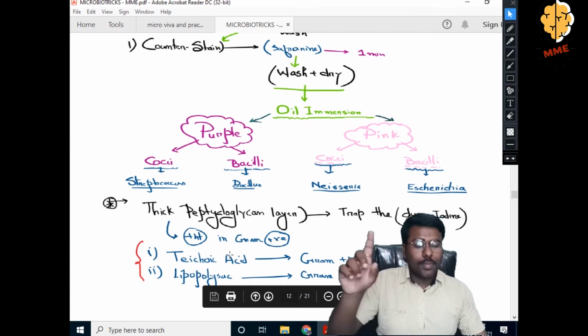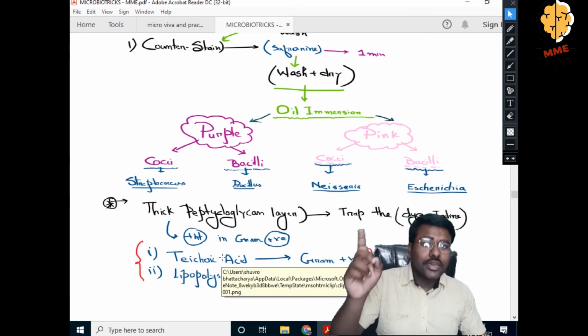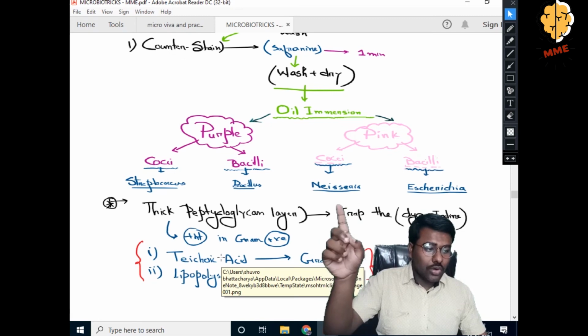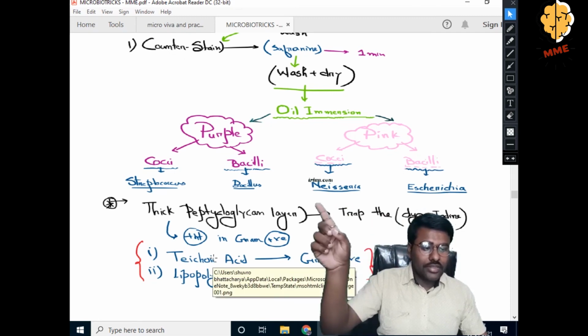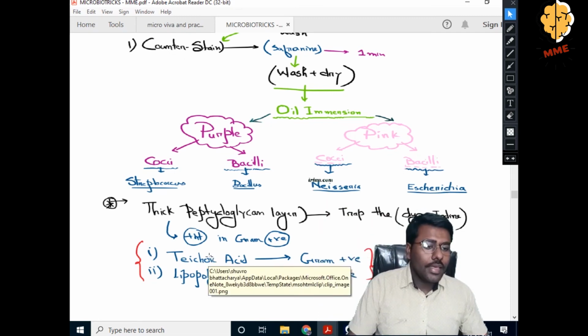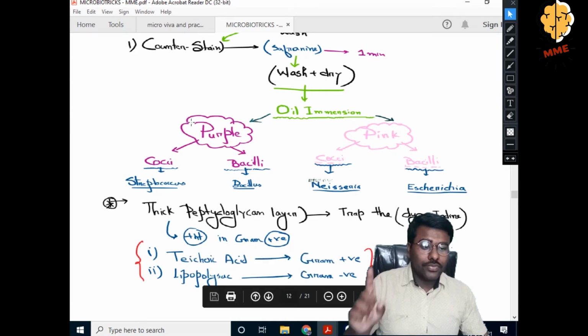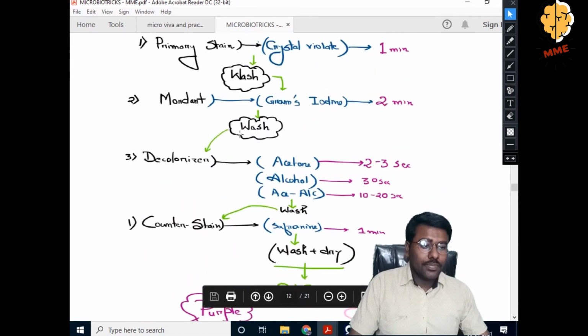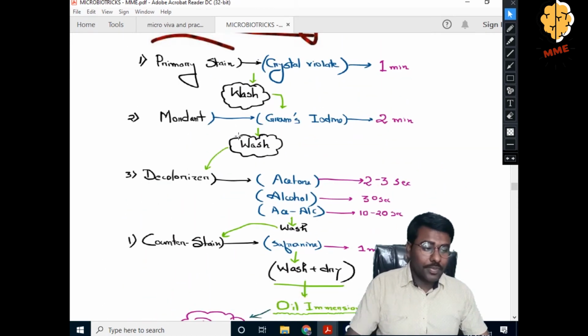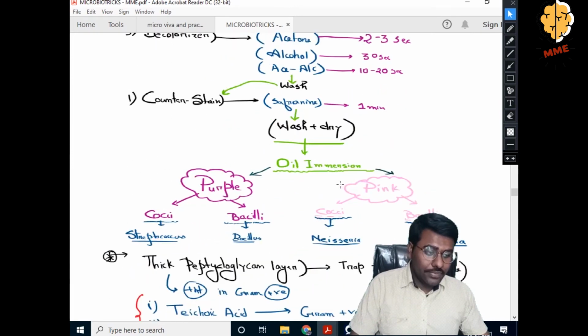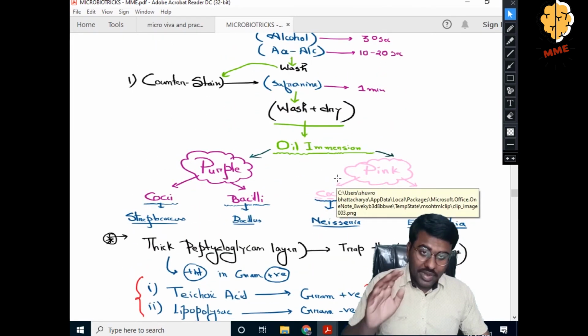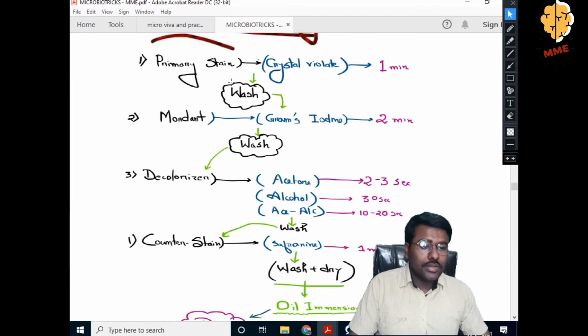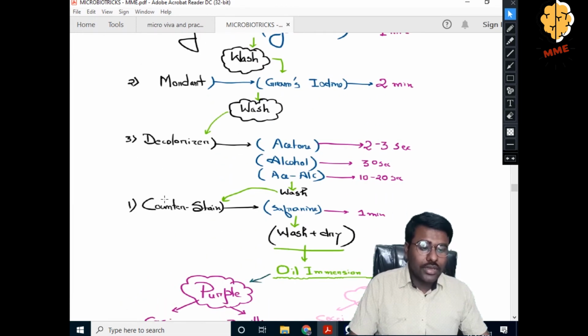They can ask what is cocci, what is bacilli, and why the purple color is there. Purple is mainly for staining purposes. When there is a Gram negative bacteria, the primary stain is not retained, and the counter stain is taken up by the bacteria.